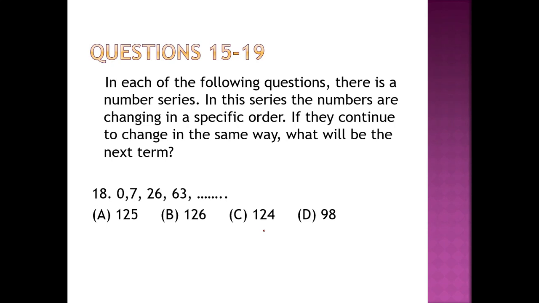Okay, so what do we have here? We have 0, 7, 63. All right, so first of all, let me get comfortable. First of all, we realize that there has to be some sort of multiplication in this pattern. Why?